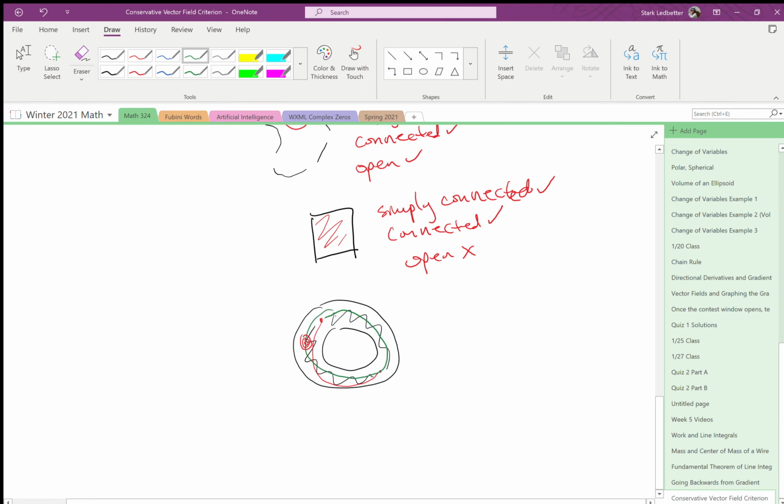There's no way I can start shrinking the circle. Any way I try to do it, I can't find my way around the hole in the center. Okay, so this is not simply connected. It is connected. And the way I've drawn it, I've included the borders, so it is not open.